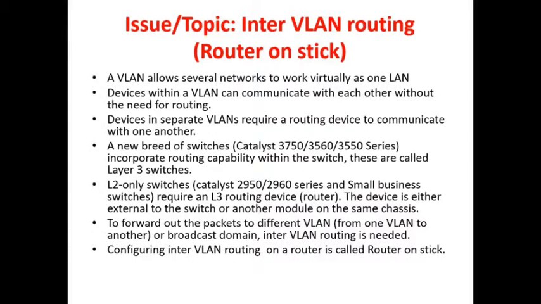Layer 2 switches, which are Catalyst 2950, 2960 series, and small business switches, require a layer 3 routing device or a router for you to configure inter-VLAN routing. The device is either external to the switch or another module on the same chassis.